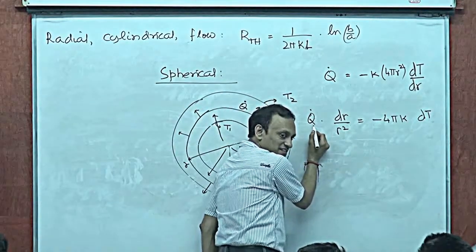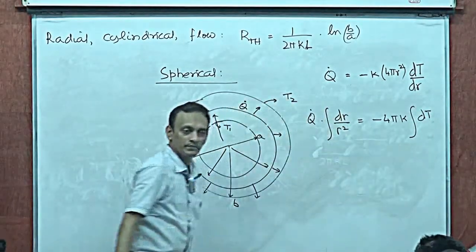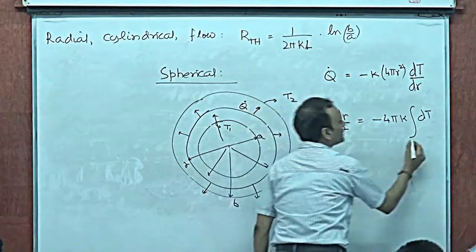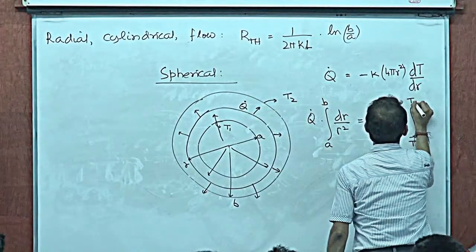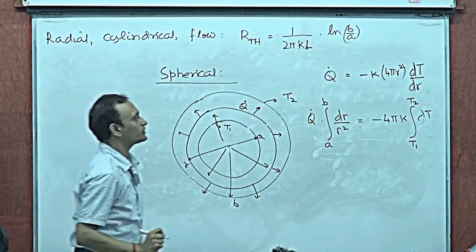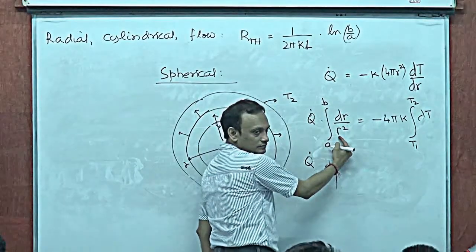Q dot is the same under steady state conditions, so it will come out of the integral sign. This R varies from A to B, T varies from T1 to T2. So that gives me Q dot minus 1 by R, right?